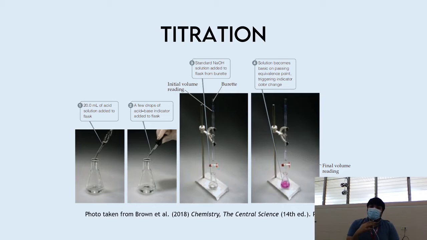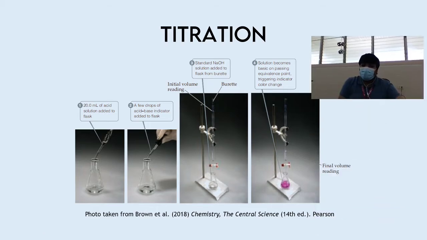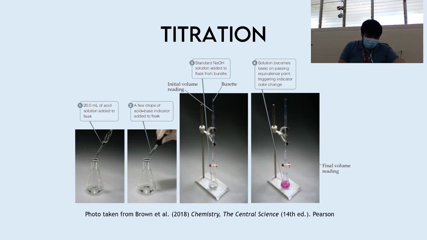Now the color of the phenolphthalein when an equivalence point is reached is not the hot pink or magenta color, but a very, very light pink color. So what you see in the illustration here is not already the equivalence point. That means too much base has already been added.